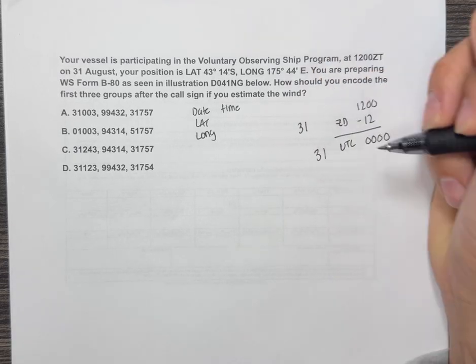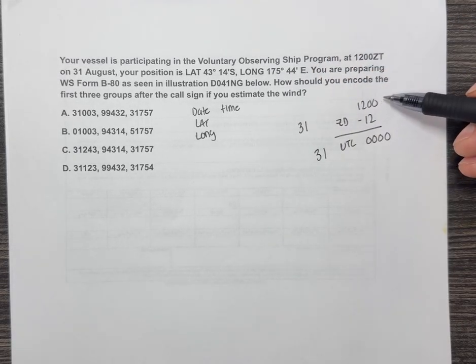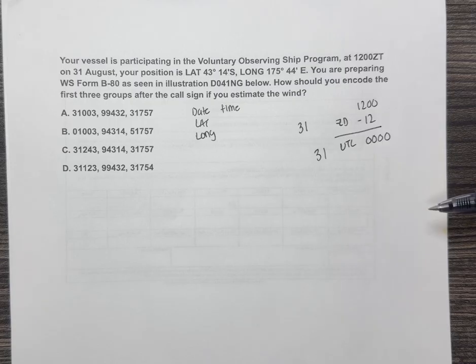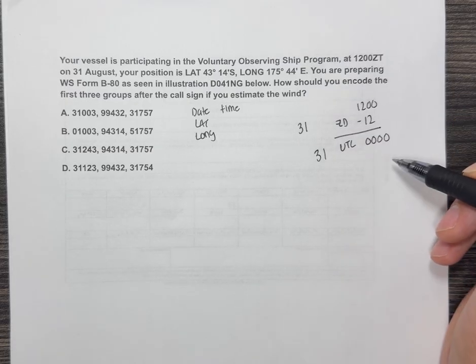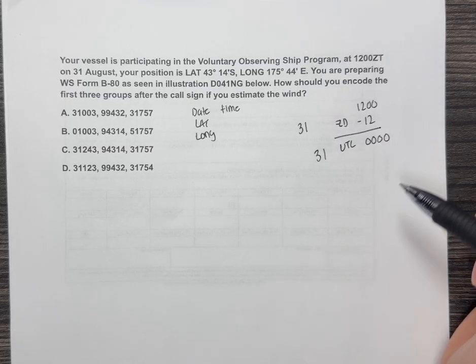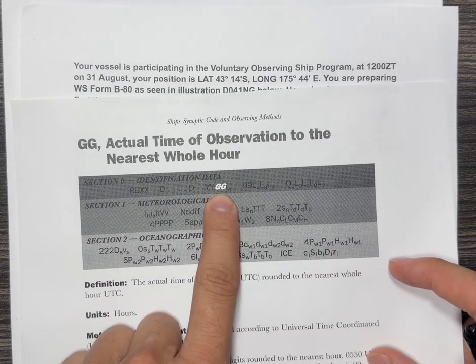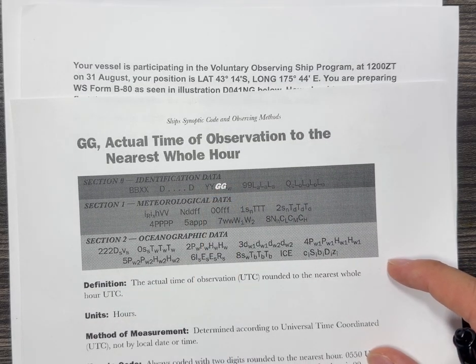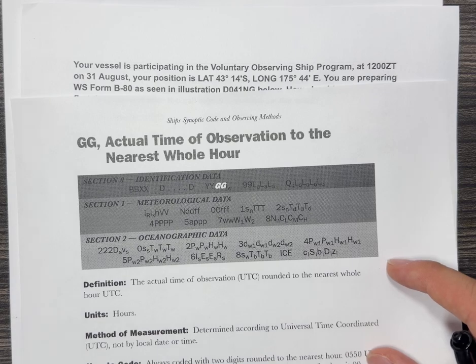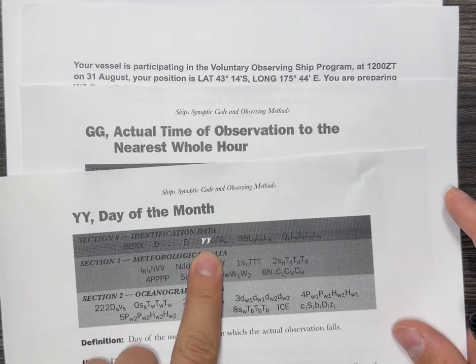That'll stay the 31st. Now, if this was 11:59 Zulu time, would we change day? Still no, right? Because we have to round up as per our first observation of the hour, which is to the nearest whole hour. So 31 UTC 00. All right. So we're looking for GG, which is the observation at the nearest whole hour, and YY, which is the day of the month.